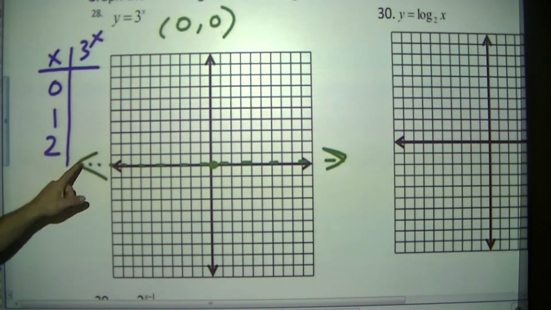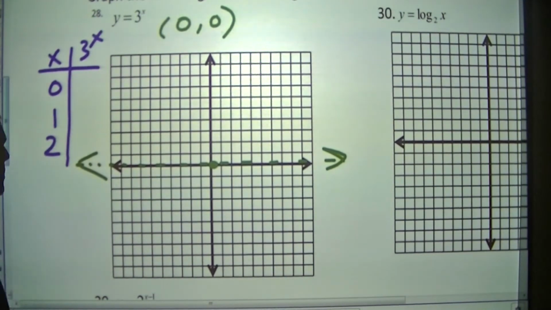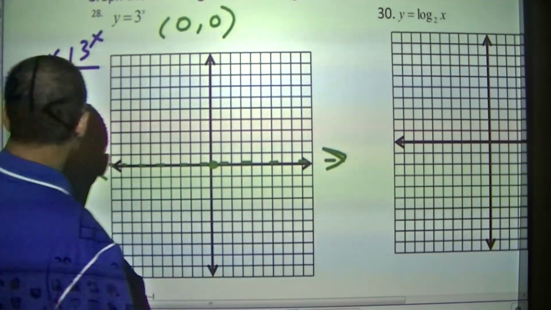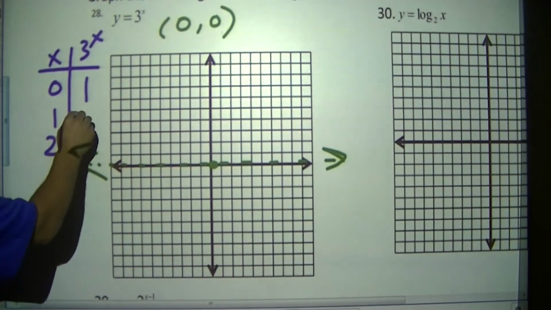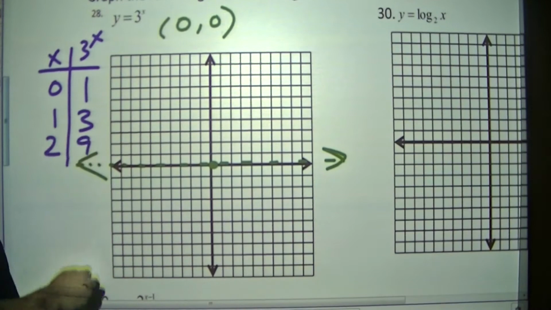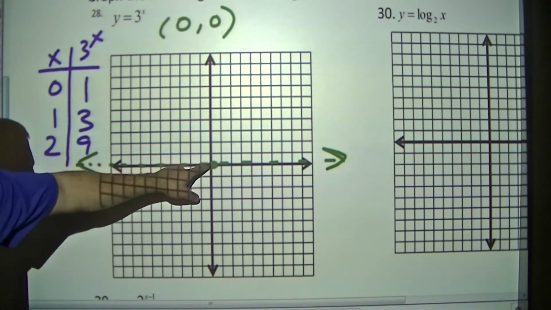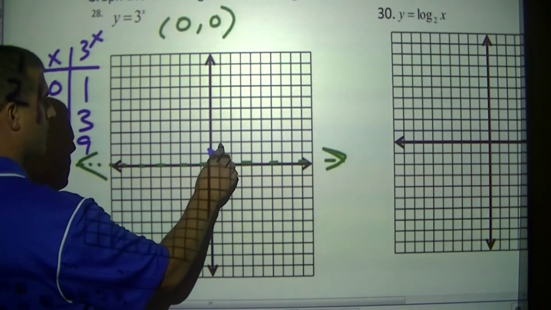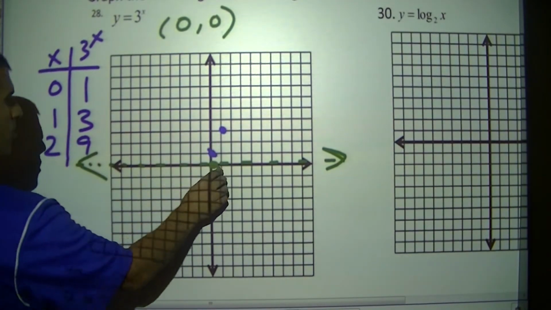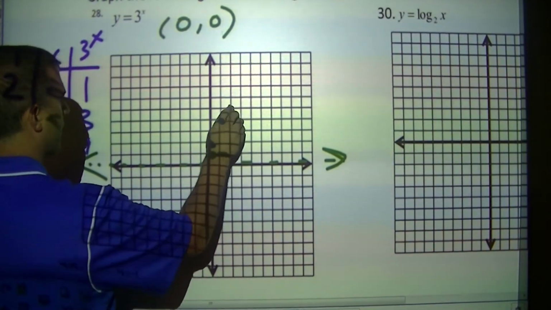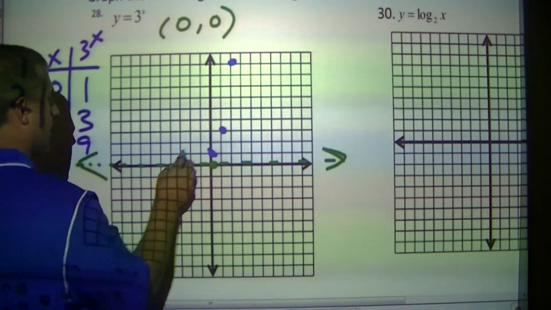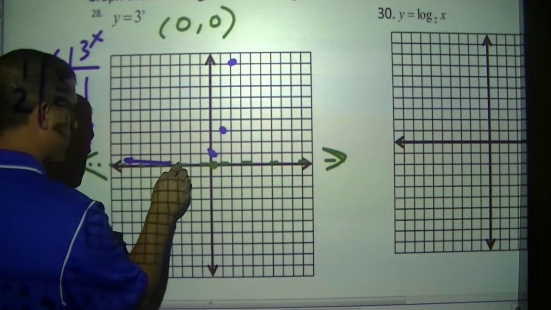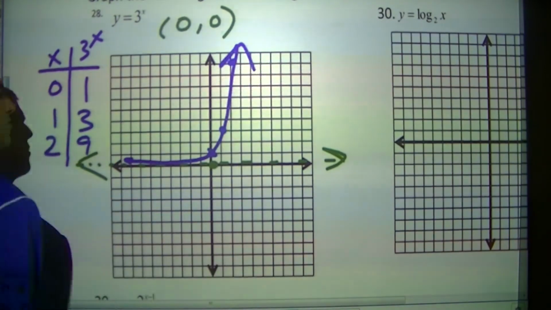So for exponentials, that's a horizontal asymptote through 0, 0. Now, when I substitute these values in, that's going to be 1, 3, and 9. So from 0 over, 1 up. 1 over, 3 up. 2 over, 9 up. So what it's going to do is approach that asymptote and go through those points.